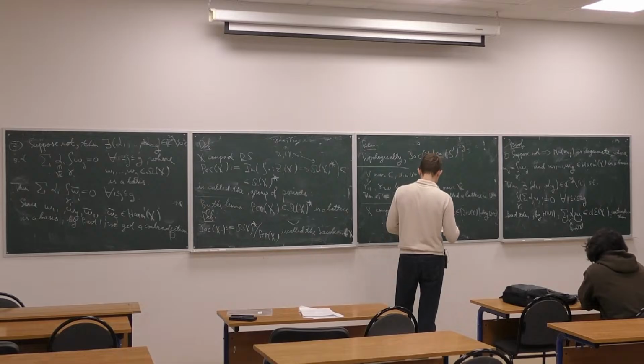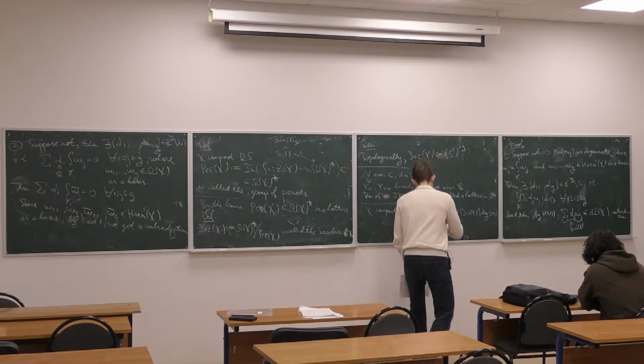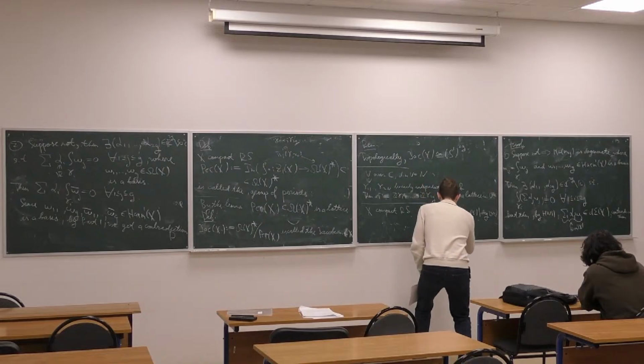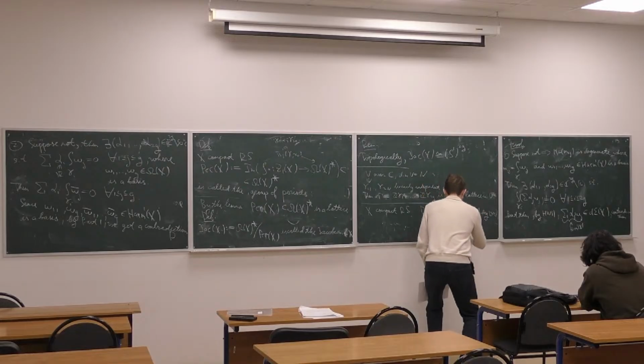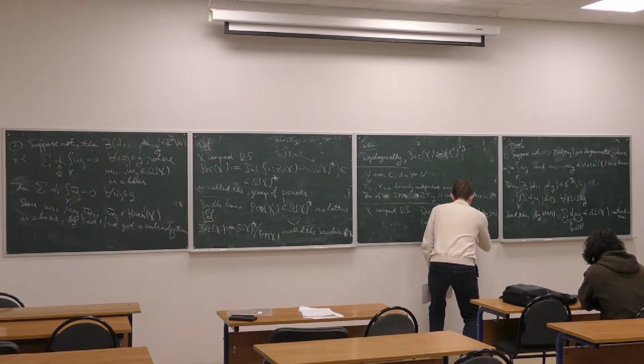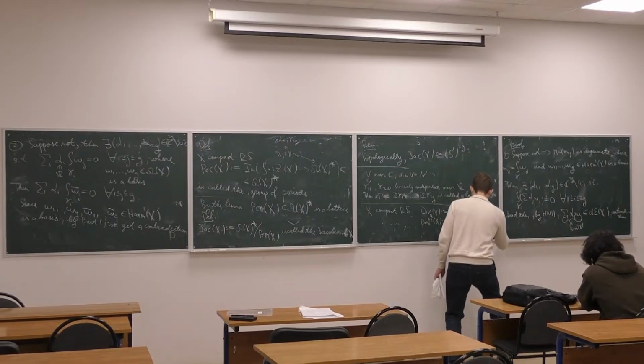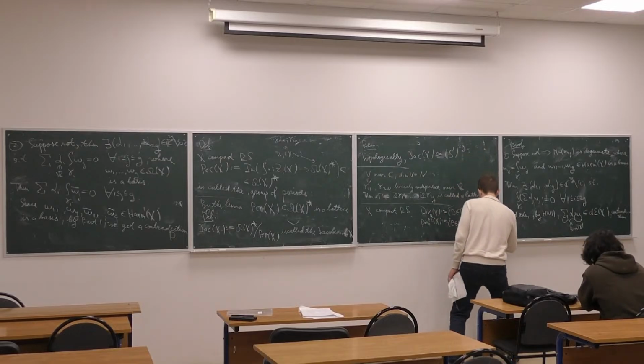And then also let us consider the group of principal divisors, Div_0^per(X). This is the group of degree 0 divisors D such that D is principal.